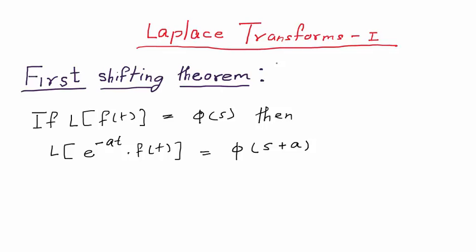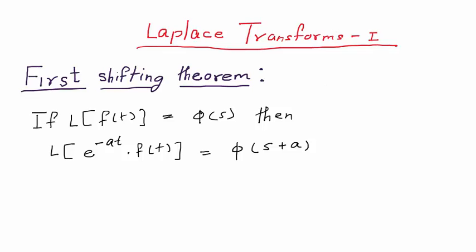Now if that function f of t, which could be a standard function, is multiplied by e power minus at, then the result we get is phi of s plus a. That means in the original function, the s was replaced by s plus a.